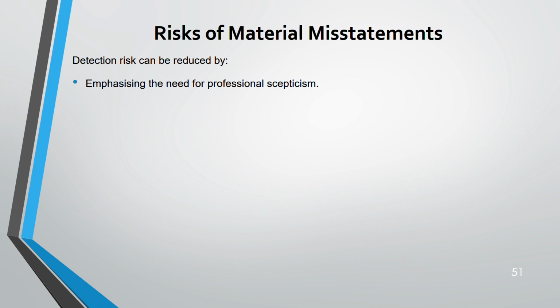You are having a questioning mind. You are being alert. That is the meaning of professional skepticism. There is more to it, but briefly, this is the definition. So you become more skeptical. Rather than accepting everything and being naive, you are now challenging the management. This will help you to reduce your detection risk. You might be able to detect material misstatement faster.